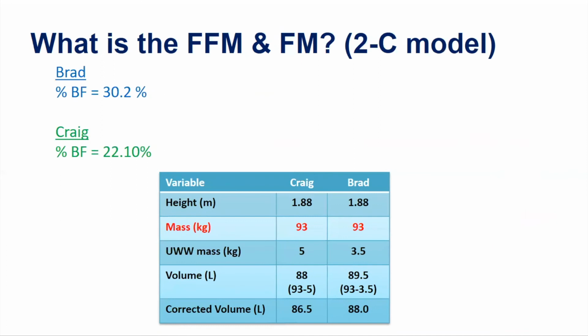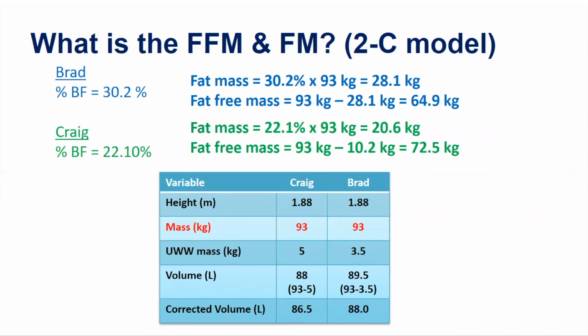So since we're using the two-compartment model, we can now determine how much of their body mass is fat mass or fat-free mass. And all we're going to do is multiply their fat percentage by their mass. So Brad's fat mass is 28.1 kilograms, and his fat-free mass would just be his body weight minus his fat mass.